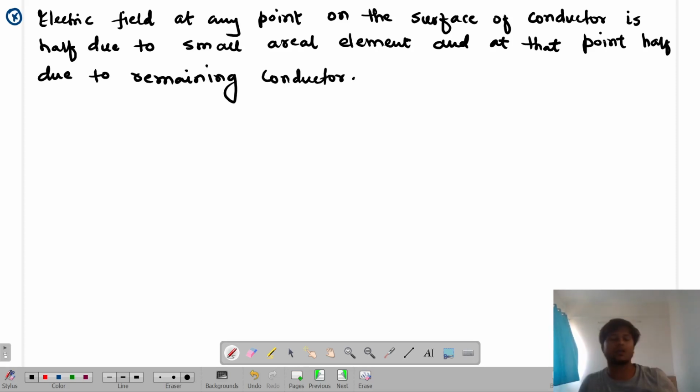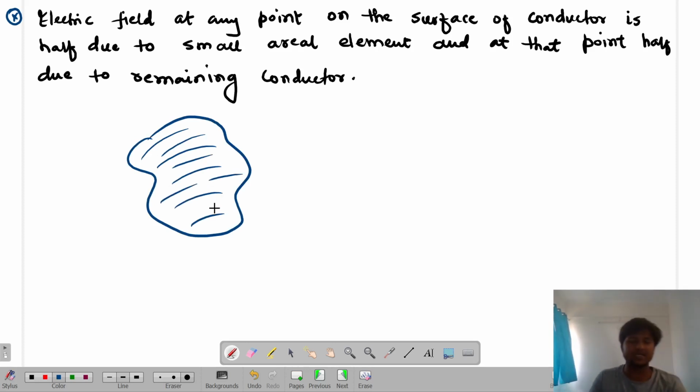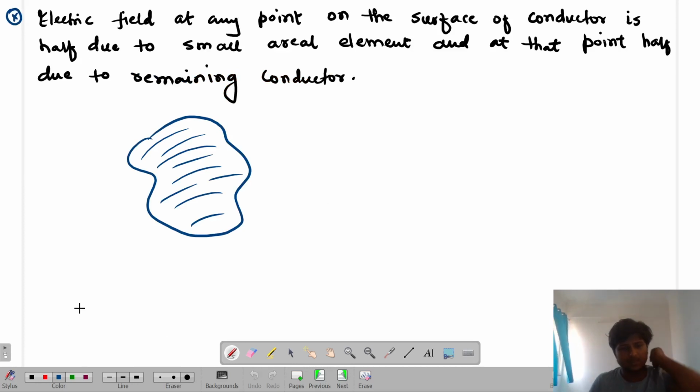The point is that if I have considered a conductor, we get confused because we are taught the infinite sheet. Then for an infinite sheet the electric field is given as sigma by 2 epsilon naught. But actually for a conductor it is sigma by epsilon naught. But an infinite sheet is also an example of a conductor or not? Yes, that's right.